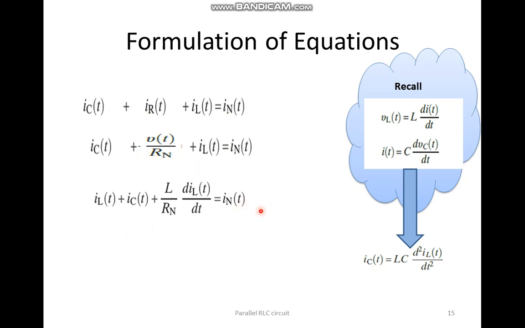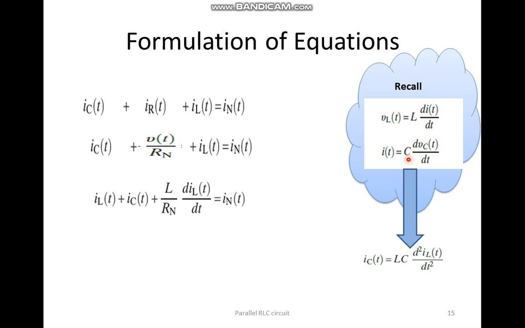In this expression, we can see that everything except IC is in the form of IL. If we want to write IC in terms of IL, we use the expression of current in a capacitor, IC equal to C dVc over dt. Here the value of Vc is replaced with V of t or VL of t, which are the same in parallel circuits. So VL of t is L dI over dt.